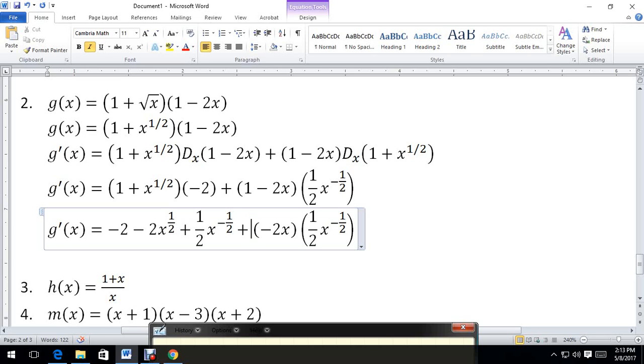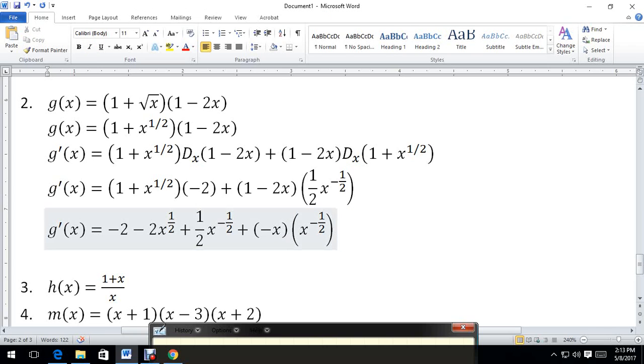And for the second part, you have negative 2x times 1/2 x raised to negative 1/2. So basically you have negative 2 divided by negative 2. This cancels out the 2, which means you will no longer have 1/2 in this expression. What is left now here is you have negative x times x raised to negative 1/2. Of course, x raised to nothing is understood as x raised to 1. So which means you eventually, by applying the laws of exponents, you will be adding up 1 with 1/2.